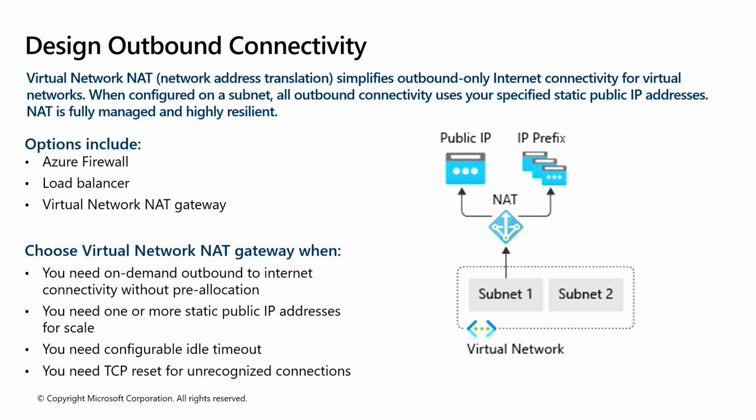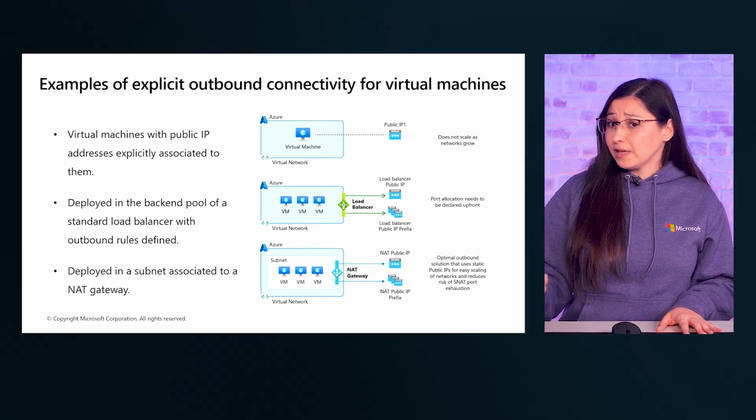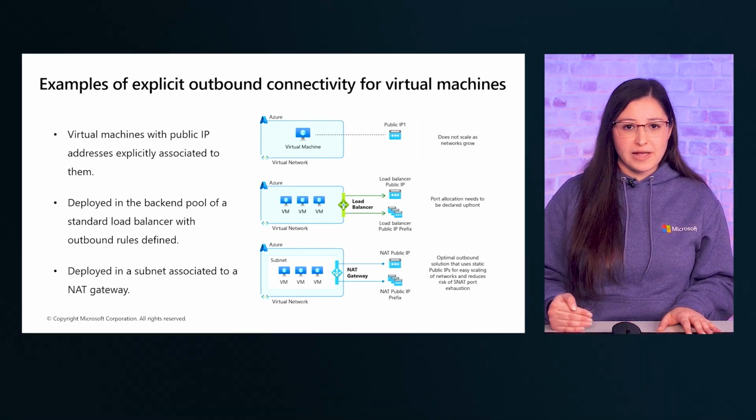We can define NAT with Azure Firewall, Azure Load Balancer, Virtual Network NAT Gateway. Some examples of explicit outbound connectivity for virtual machines are public IP assigned per virtual machine. That can get quite expensive, not scalable, and harder to manage and govern. We can have a public IP allocated to the load balancer.